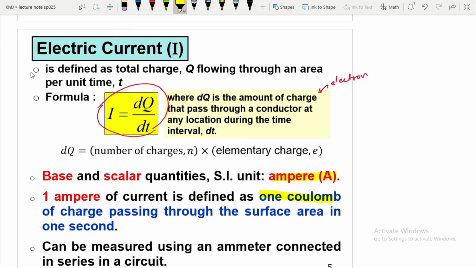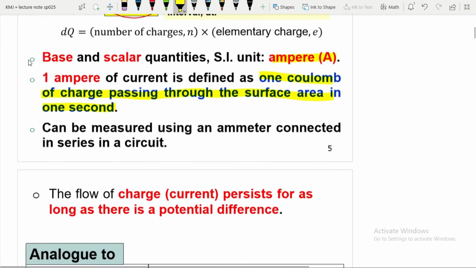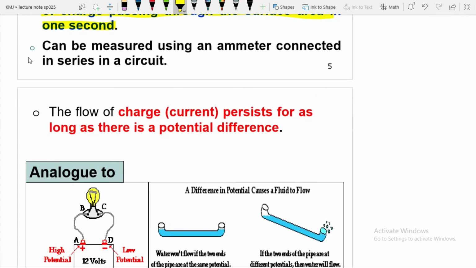This is one of the most important definitions that you need to remember. Okay, because this is very important. 1 ampere of current is defined as 1 coulomb of charge passing through the surface area in 1 second. Okay, so current can be measured using an ammeter connected in a series circuit.